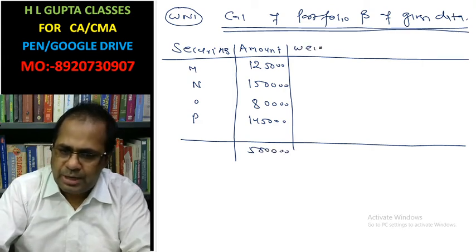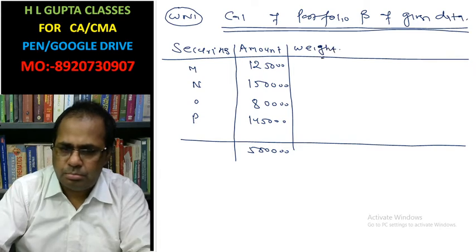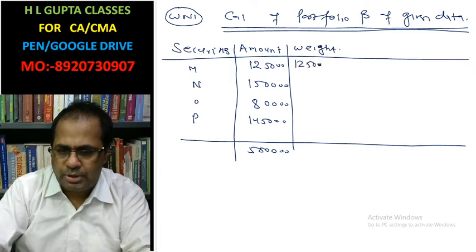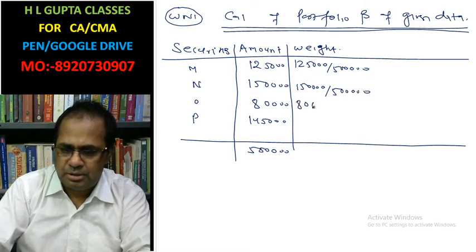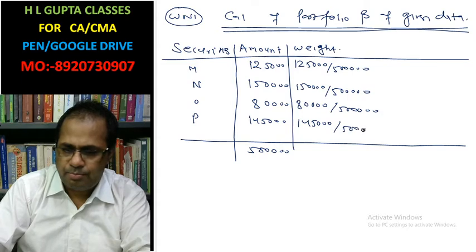Here you need to calculate the weight. 1,25,000 divided by 5 lakh, 1,50,000 divided by 5 lakh, 1,80,000 divided by 5 lakh, 1,45,000 divided by 5 lakh.